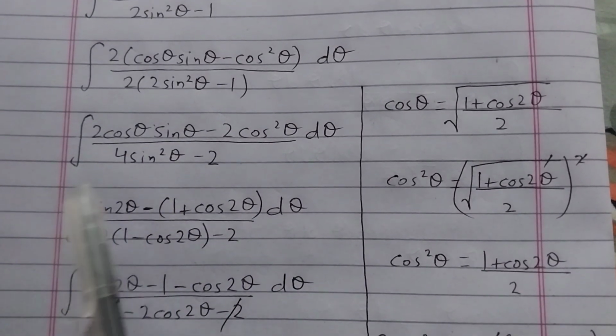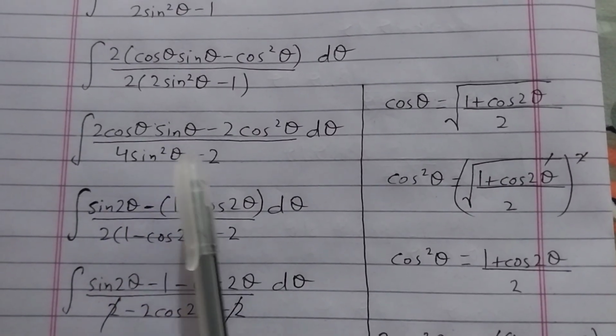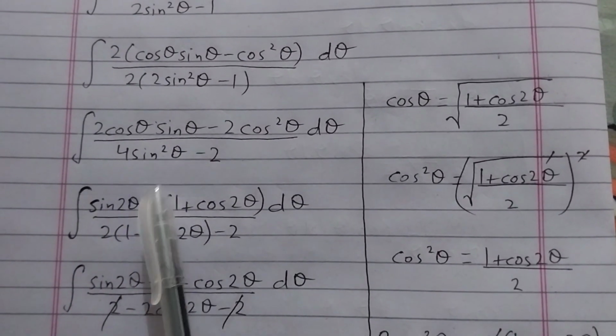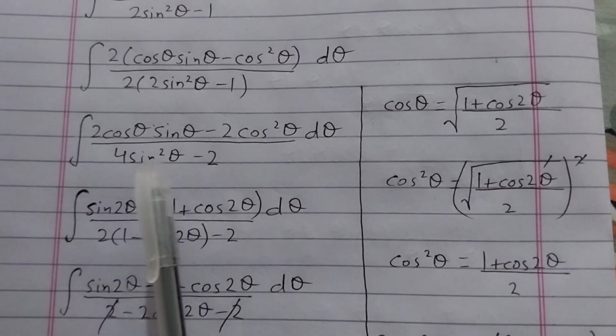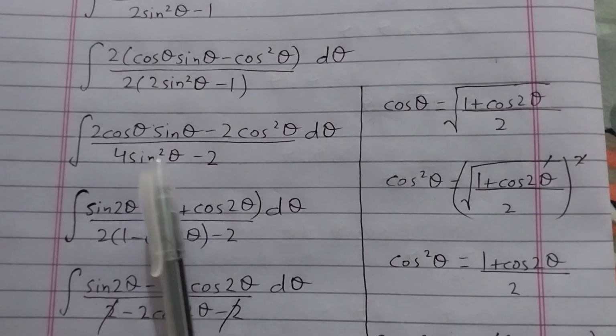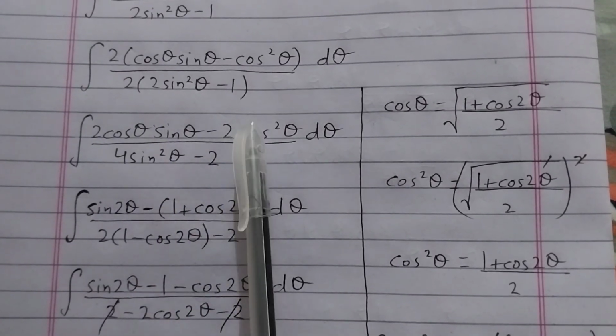So the problem here is that the denominator basically has two terms, and we can't really use the linearity property of integration if we can't separate the terms of the numerator.